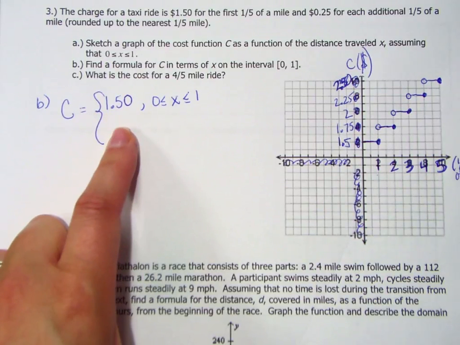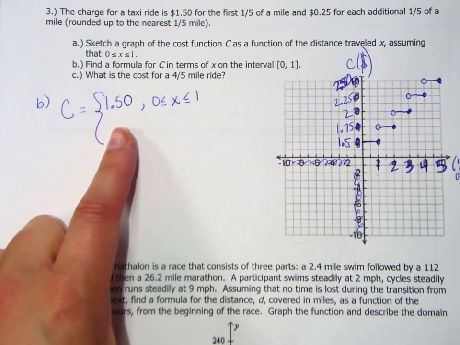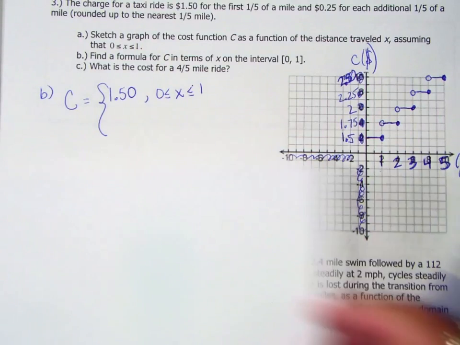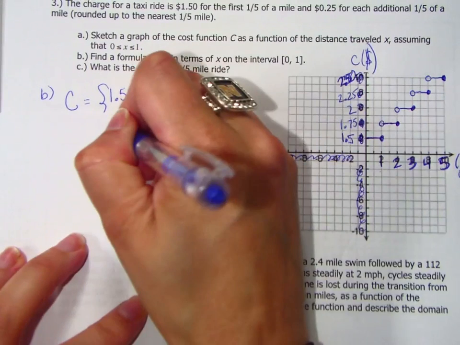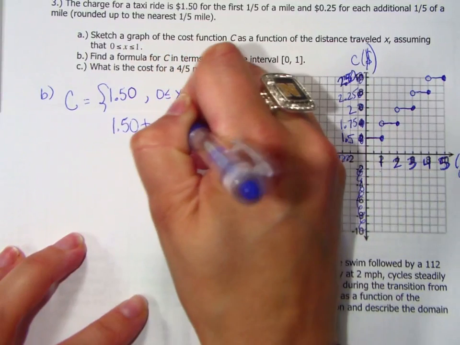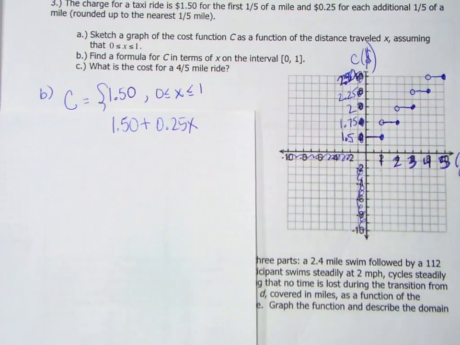Now, what about when we hit beyond 1/5 of a mile? This is the hard one, because here's what you guys want to say. That's what you want to say, and I totally get that. But what is wrong with this?